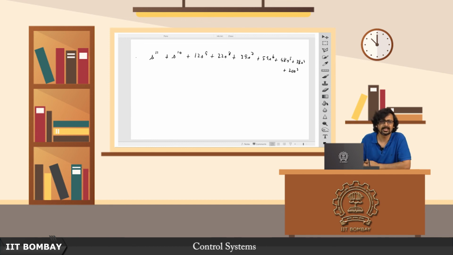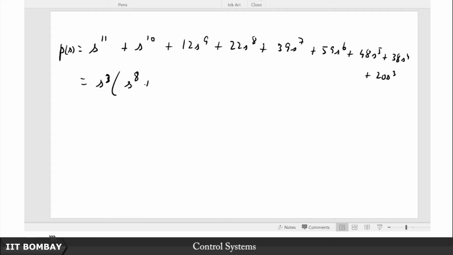Now obviously this looks like an 11th degree polynomial, but essentially you can pull out s cubed, and then this becomes an 8th degree polynomial. So let's do that at the very first stage itself before applying this Routh table.